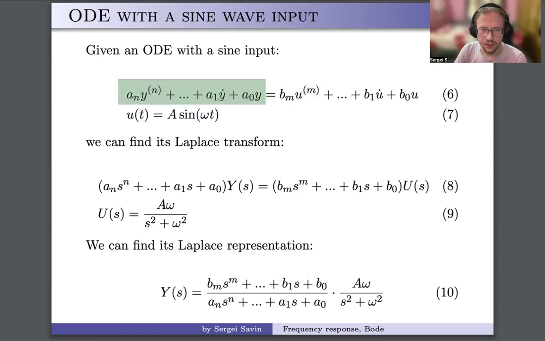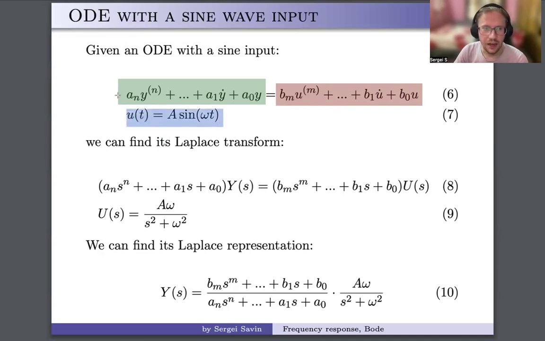Now we have this ODE with a n times y to the n dot plus other components with fewer derivatives plus a1 y dot plus a0 y. That is the left-hand side. The right-hand side is given like this. Same thing, but now with u. And u, in our case, would be our harmonic input.